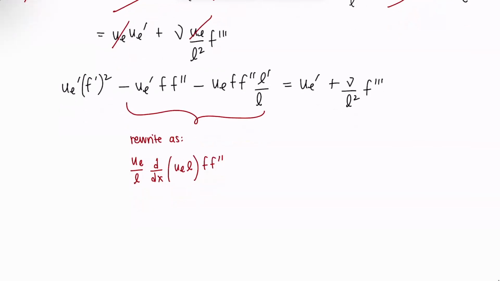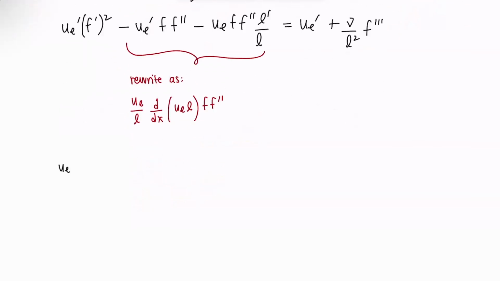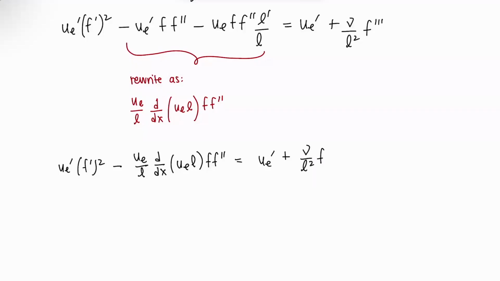So I have now UE prime F prime squared minus UE over L d/dx of UE times L F double prime is equal to UE prime plus nu over L squared F triple prime.